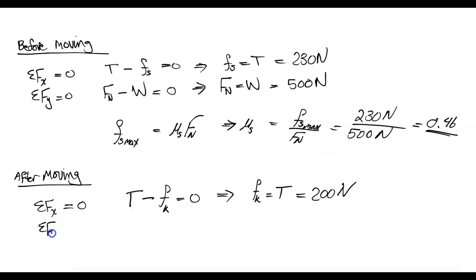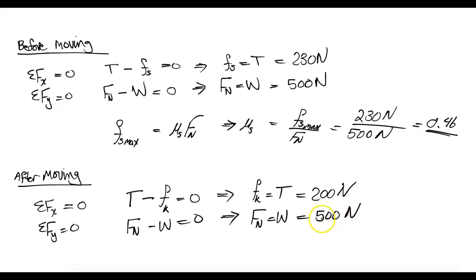And if we do the sum of the forces in the y direction equals 0, that tells us the normal force minus the weight equals 0, which implies that the normal force is the same as the weight, which is still 500 newtons. So notice that just because we moved, the weight is not going to change.